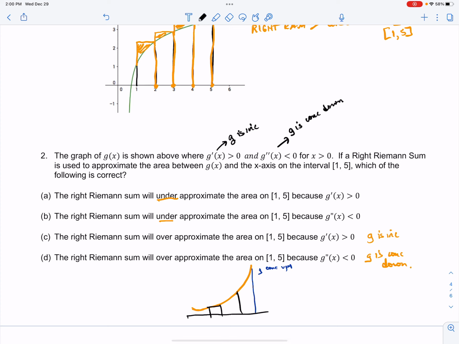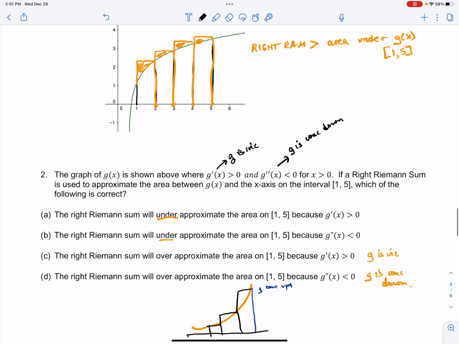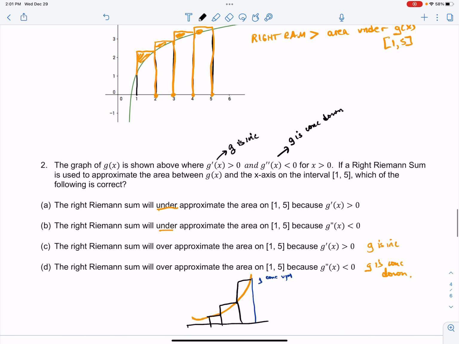Well, let's see, something doesn't jive here. I think that the correct choice is C, because it's increasing. Oh, I see. Yeah, okay.